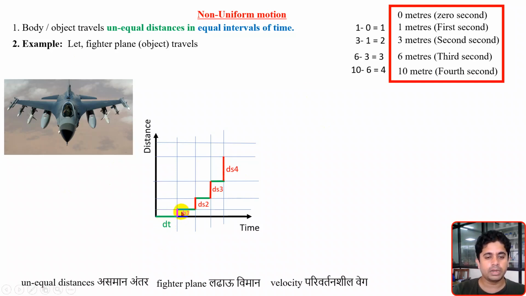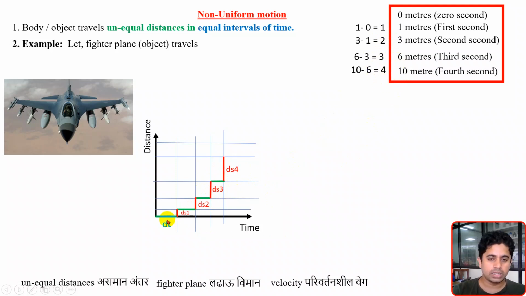For the first time interval, ds1 is 1 meter. For the next, ds2 is 2 meters. For the third, ds3 is 3 meters. For the fourth, the change in distance is 4 meters.